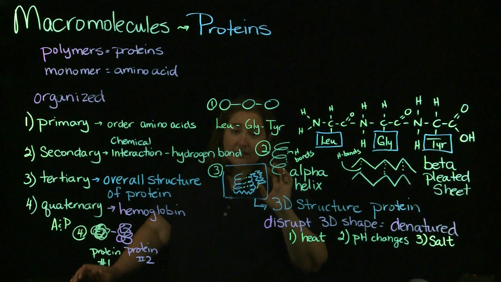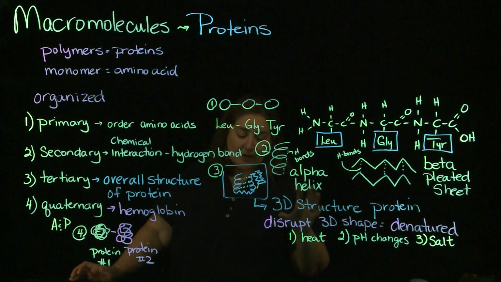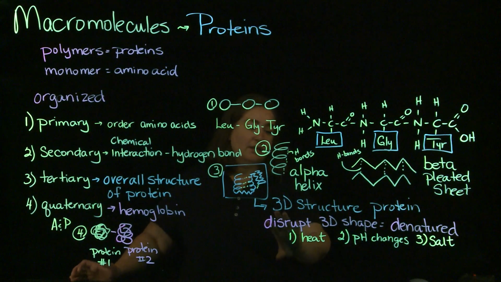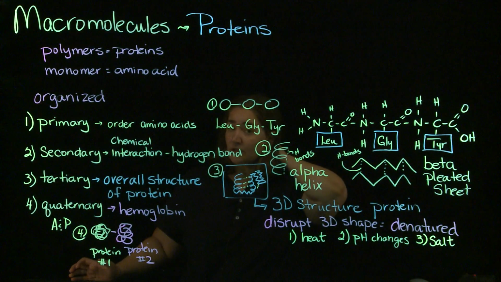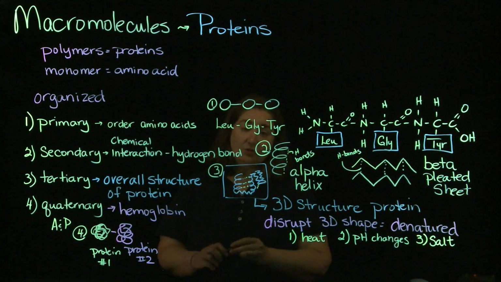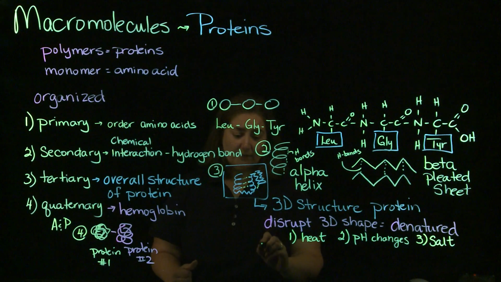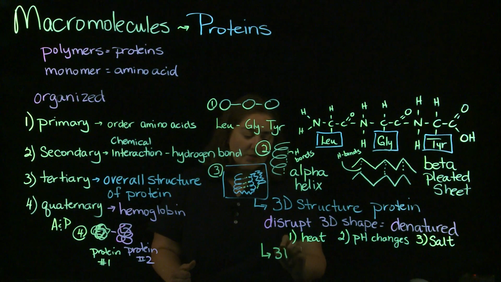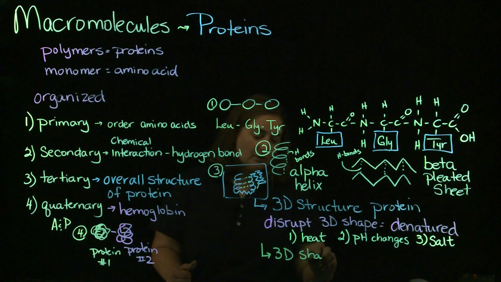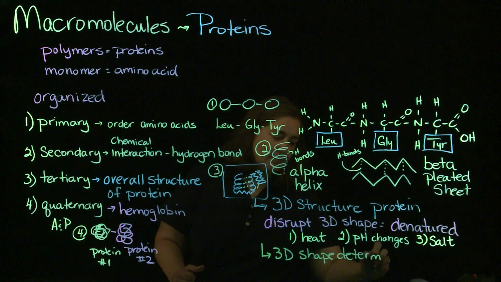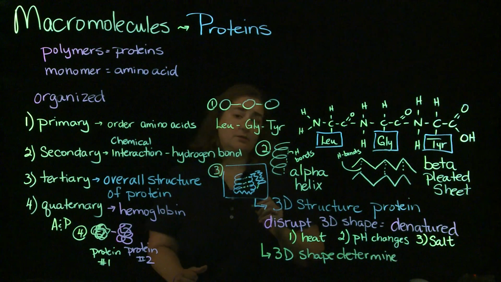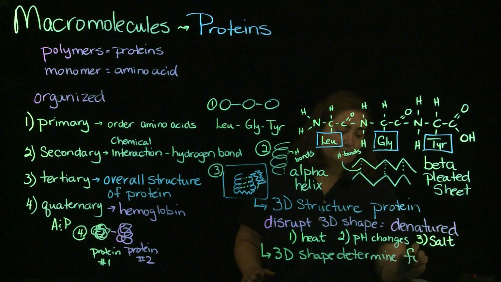But in the case of proteins, why this is important, okay? The three-dimensional shape, and I spend most of my time talking about tertiary structure because the three-dimensional shape is important, okay? The three-dimensional shape is going to be what determines the function.